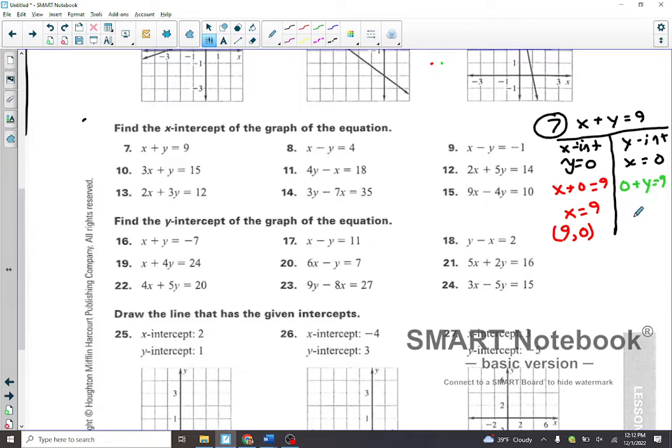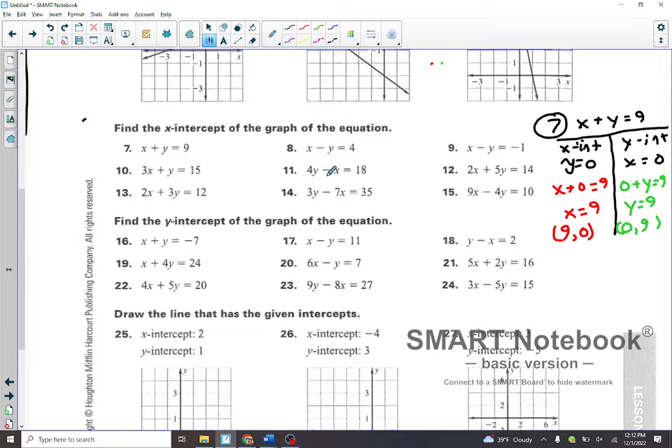Well, 0 doesn't do anything, so y equals 9. There's going to be a little slot on the page that says x-intercept with a little line where you fill it in. So then it's going to be 0, 9. When it's just x and y, it's pretty simple, pretty straightforward.